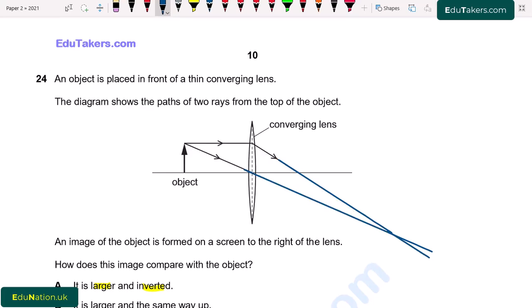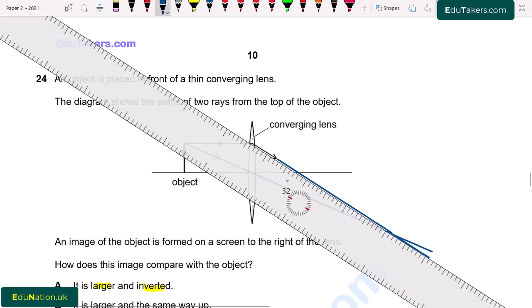So the point where both of these rays meet is the location of the image. I am going to label this.